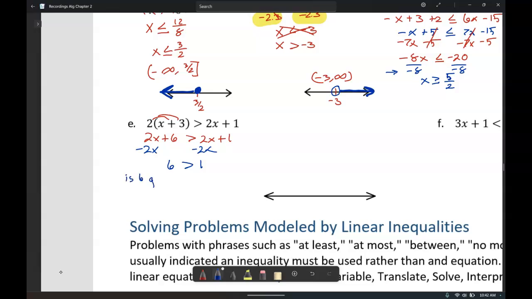Is 6 greater than 1? Well, yes it is. It's true. And whenever we're left with a true statement, a statement that is always true, then our solution set is all real numbers. Well, how do we graph all real numbers? That's actually really easy.